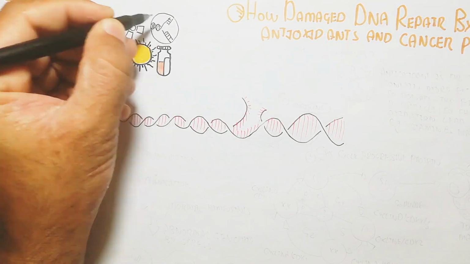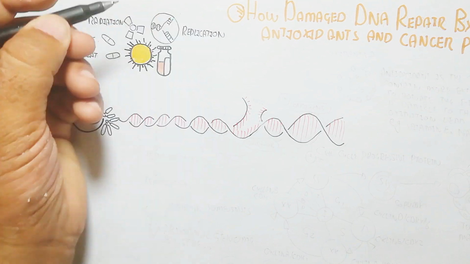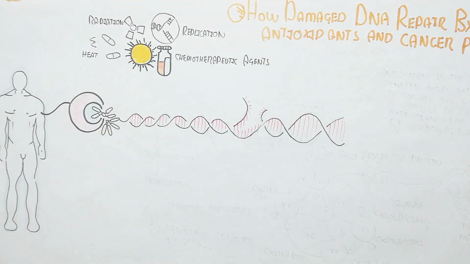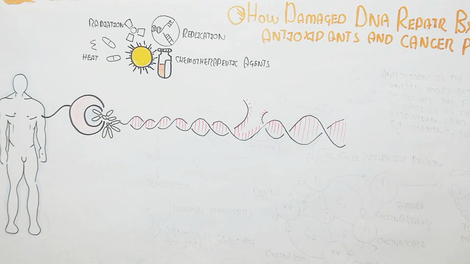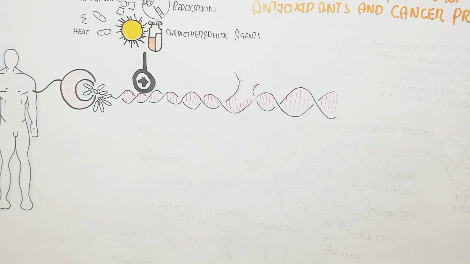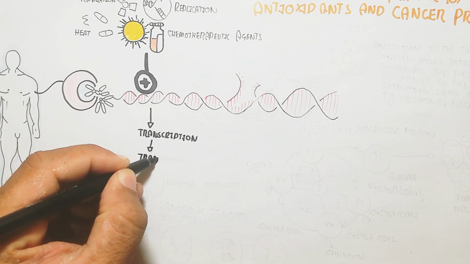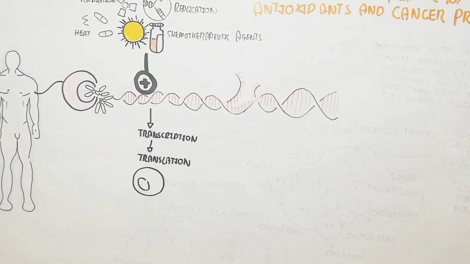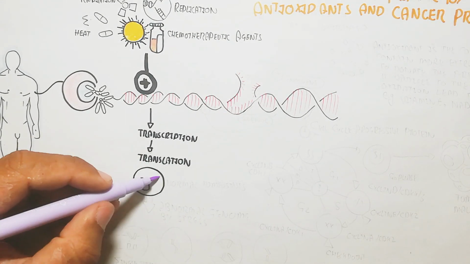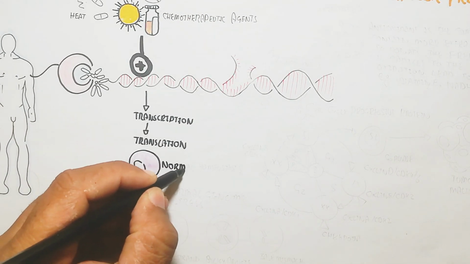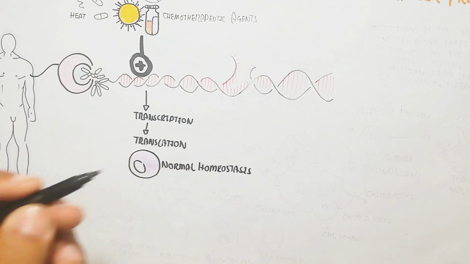In this way, DNA is a double helix structure, a macromolecule. Radiation, heat, replication, and chemotherapeutic agents can damage the DNA, causing single strand breaks or other damage processes. But the double stranded DNA break is not what we are covering; we will understand it in the next video.